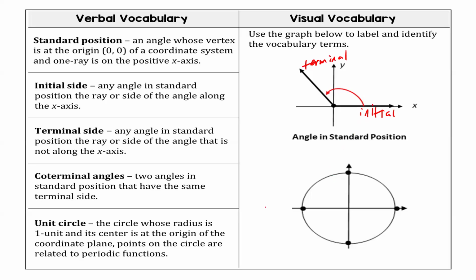So, coterminal. Coterminal angles are two angles in standard position that have the same terminal side. When you're talking about coterminal angles, it's how many times you rotate around to get back to that terminal side. Does that make sense? So right now, this angle is roughly at, let's say, 150. It's not at 150, but we're just estimating. If I make a rotation, that's now 360 plus 150. And if I make another rotation, that's now 360 plus 360 plus 150.